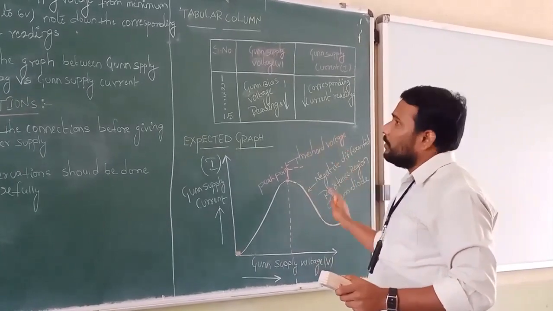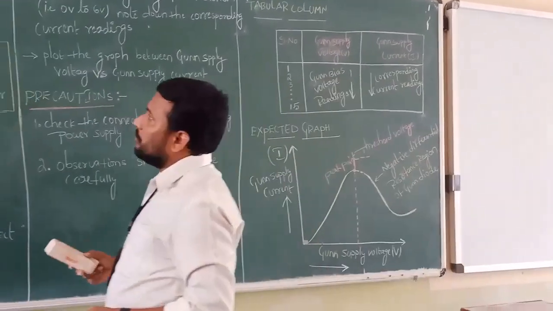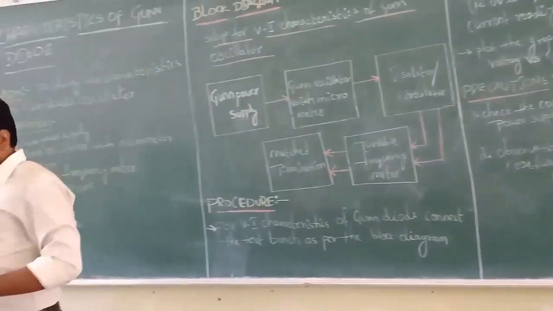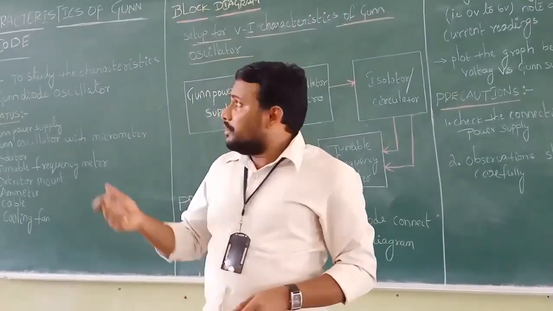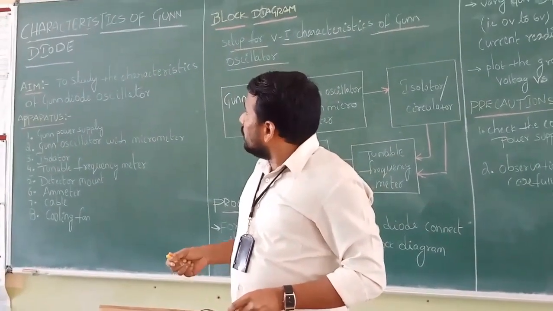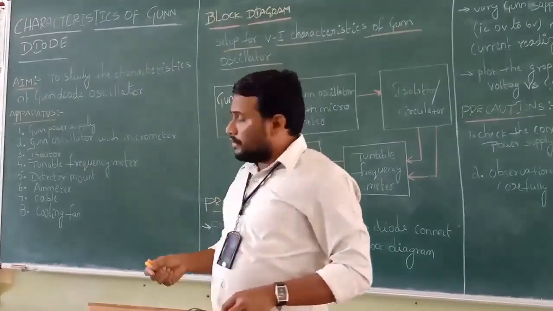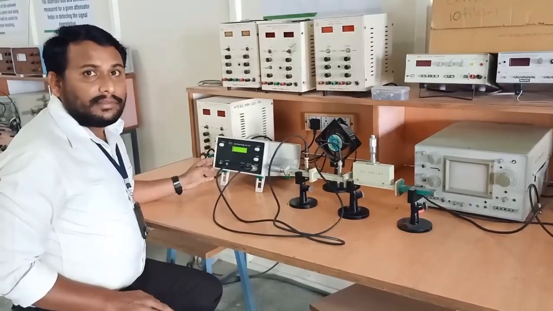This is what regards the VI characteristics of the Gunn diode. Now let's move to the lab. We'll see how the VI characteristics will vary practically.